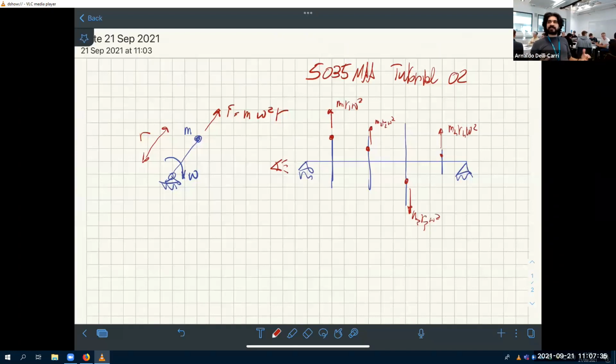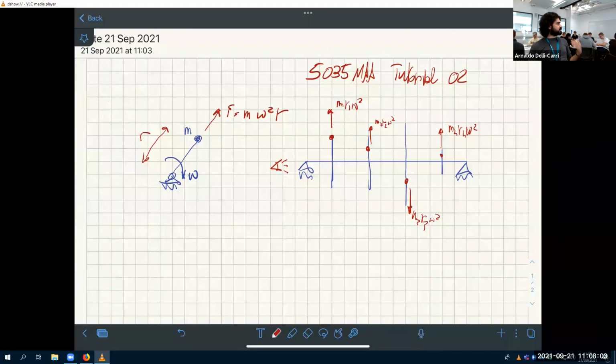Now we have to balance everything in all the planes. Basically, we have the sum of forces that must be 0. Of course, all these forces must balance each other. But also, the moments of these forces around any point must also be balanced.